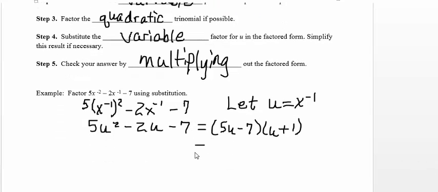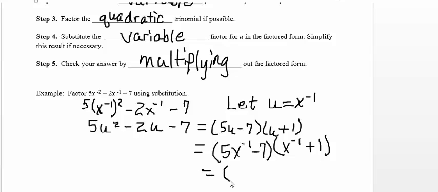And we factored this already. So this is 5u minus 7 times u plus 1. And let's replace u with x to the minus 1. We always want to go back to the original variable. So 5x to the minus 1 minus 7 times x to the minus 1 plus 1.